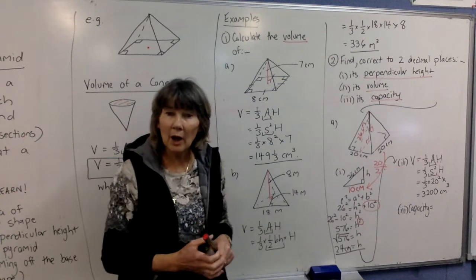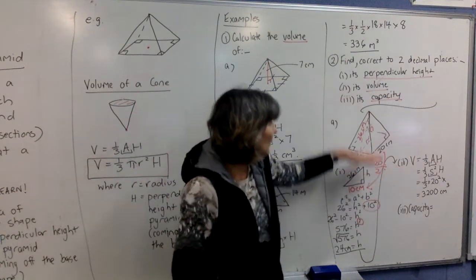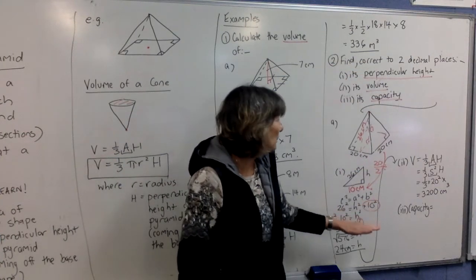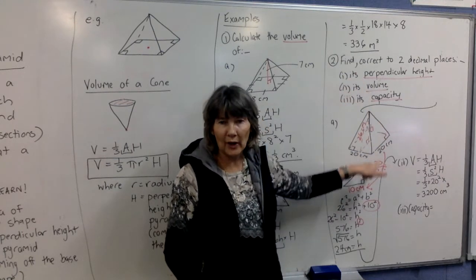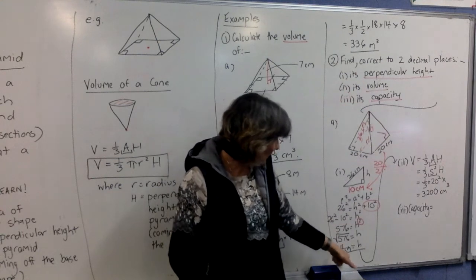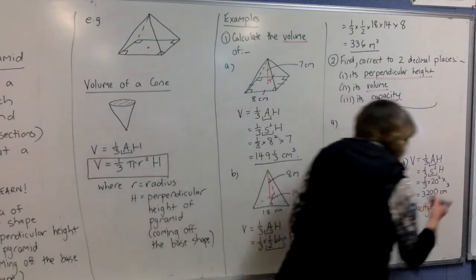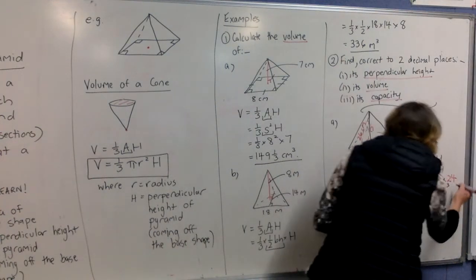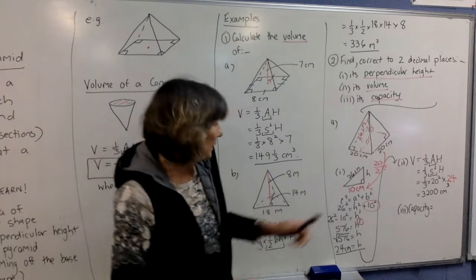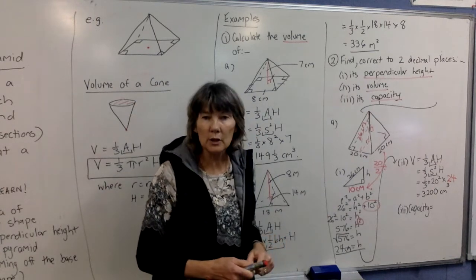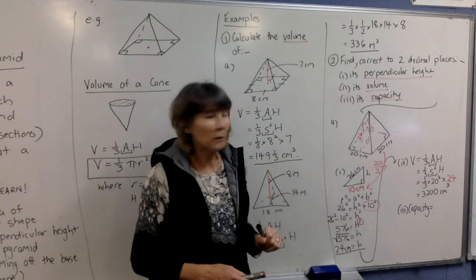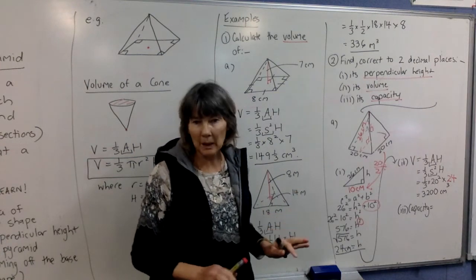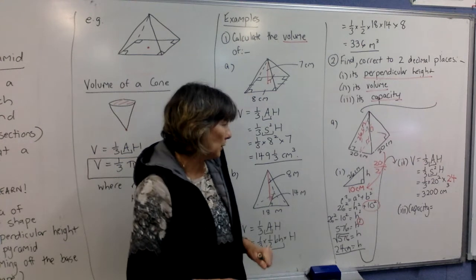Now the perpendicular height of the pyramid comes away from the square base and up to the point at right angles. So that's the H you just found. So we just found that was 24, so that's going in there. And now you work it out on your calculator, and it works out to be 3,200 centimetres cubed on the end for volume. Don't do two decimal places if it works out to just be a whole number.